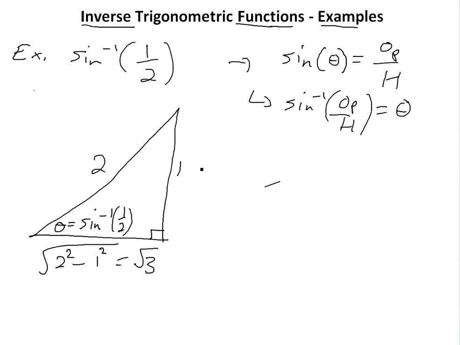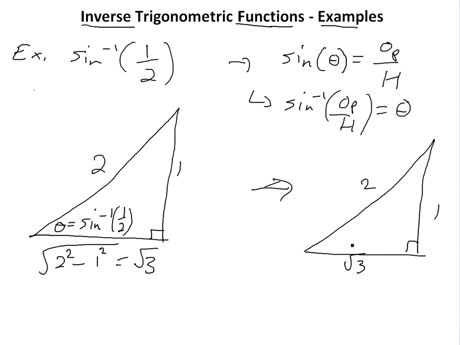Now if we use the exact trig ratios, as I showed in my other video, if you have a triangle with sides 1, 2, root 3, the angle opposite the smaller side is 30 degrees, and this one here is going to be 60 degrees.